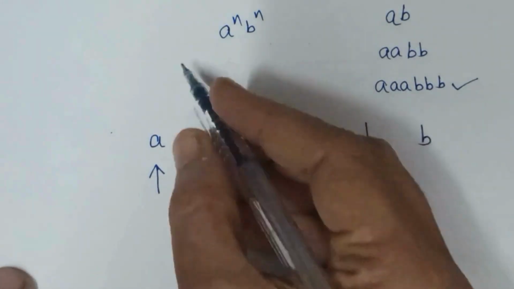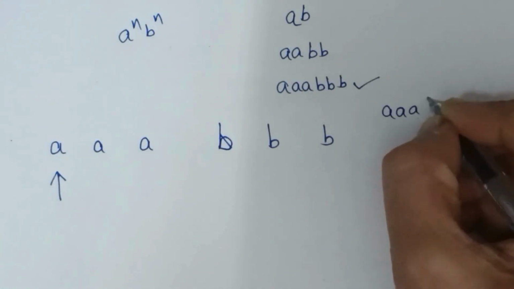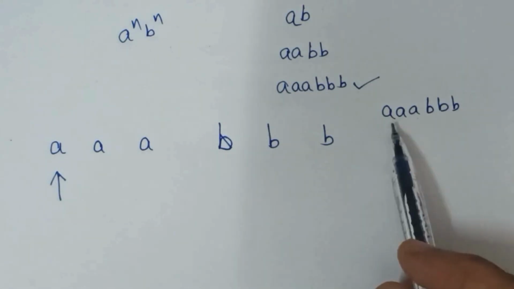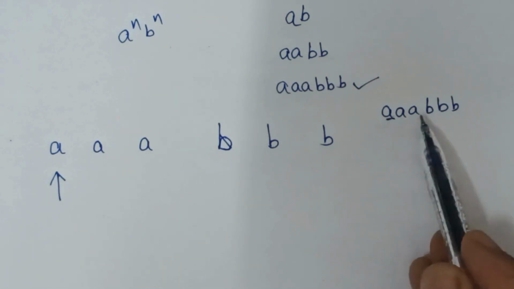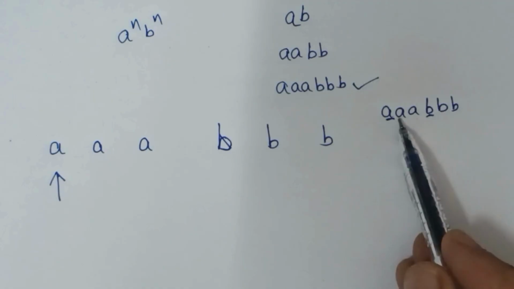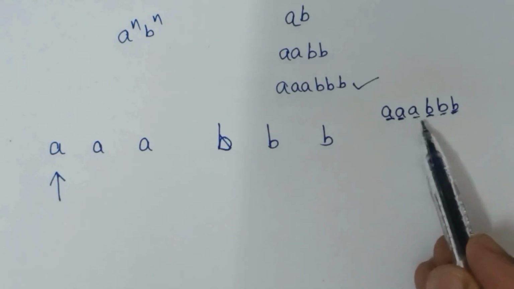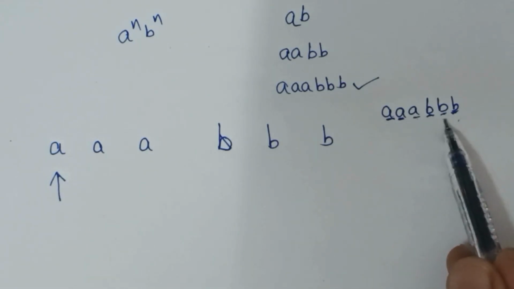Suppose we see 3 a's, 3 b's. How are we able to identify there is an equal number of a's and b's? We can identify it when we check the first a and first b. Done. Next, second a, second b. Done. Next, third a, third b. Like that we check and we tell that there are 3 a's and 3 b's.